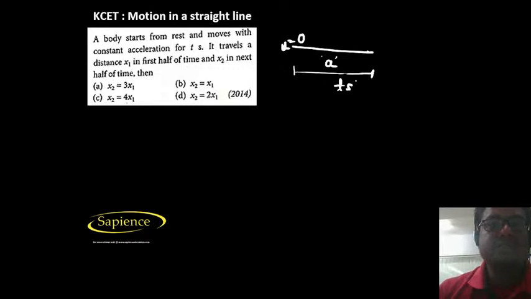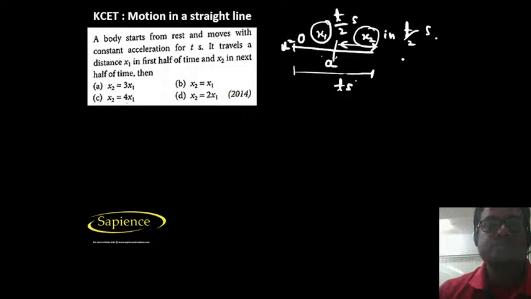It travels distance x1 in the first half of the time, that is t by 2 seconds, and x2 in the next t by 2 seconds. Then we have to find the relation between x2 and x1.